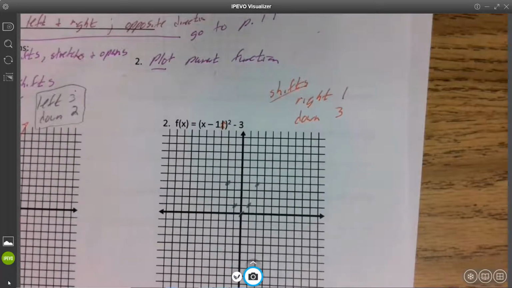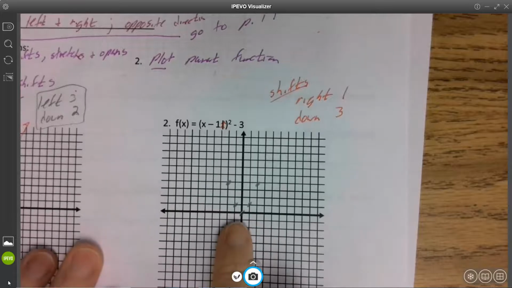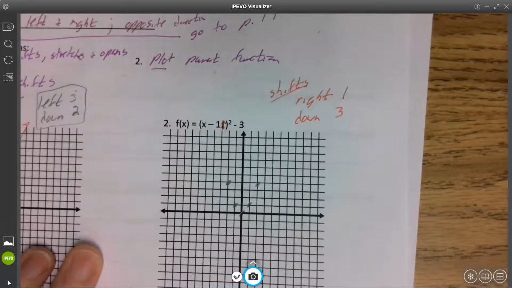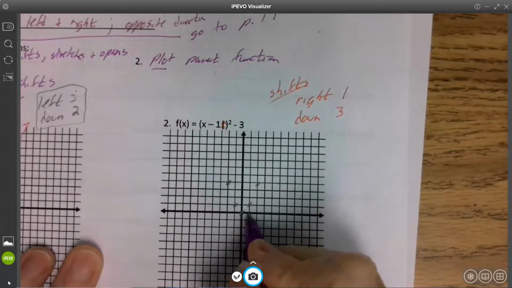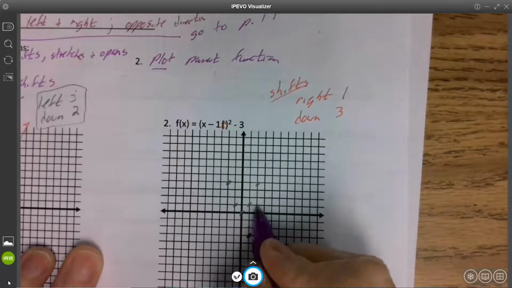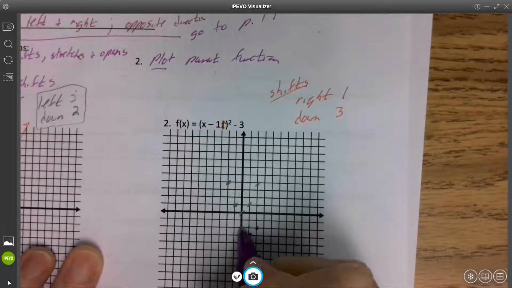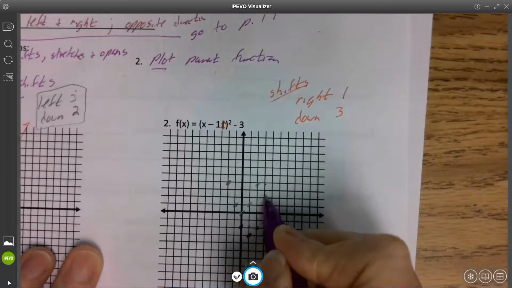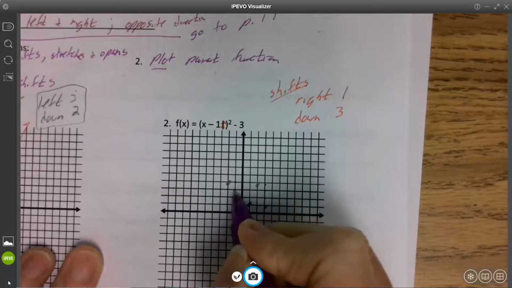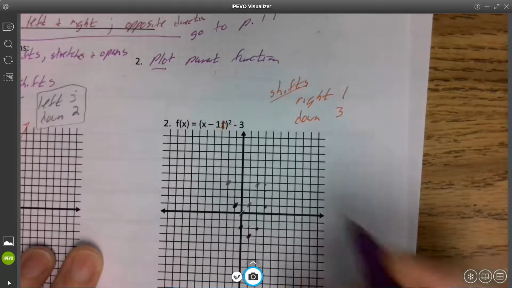That's step 2. Now we're going to take our parent function and shift it according to this. We're going to shift it right 1, down 3. Right 1, down 3. Oh, that's a part of our parent function.